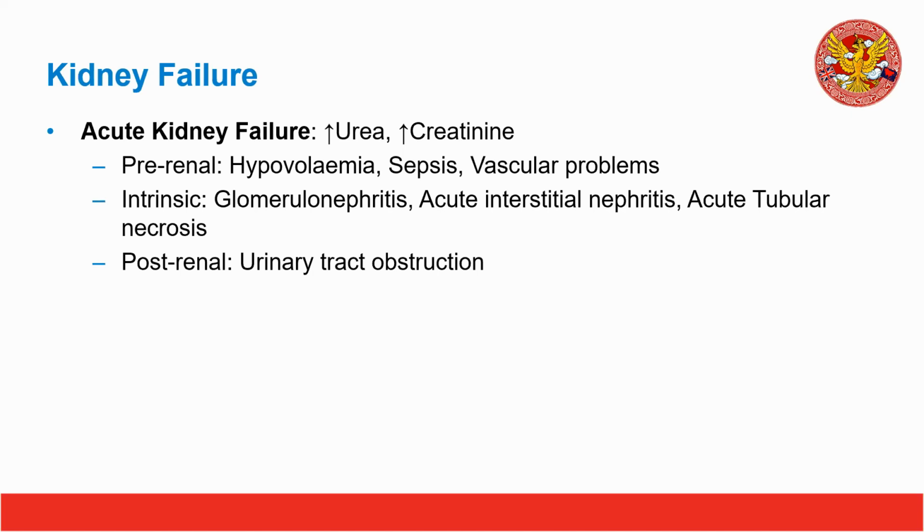Intrinsic problems, so these are problems associated with the kidneys themselves, so diseases like glomerulonephritis, acute interstitial nephritis, and acute tubular necrosis can all affect the function of the kidneys. And post-renal, so these are mainly your kidney stones that you're worried about. So all of that can cause an acute kidney failure and therefore increase your urea and creatinine concentrations.